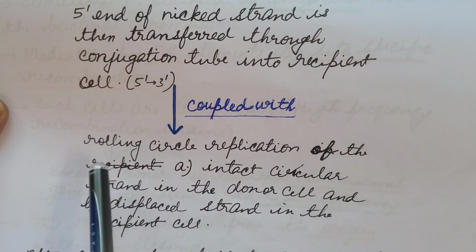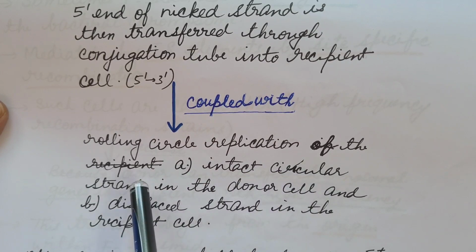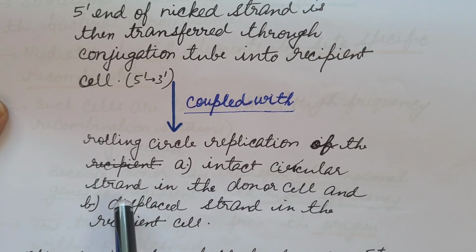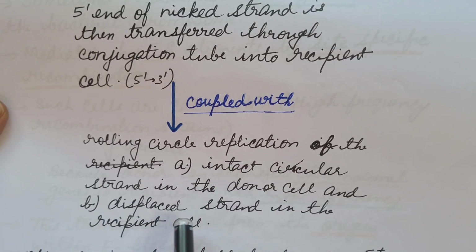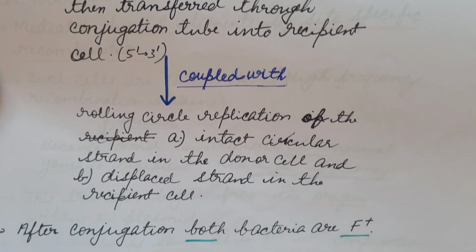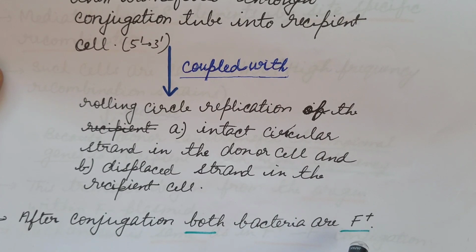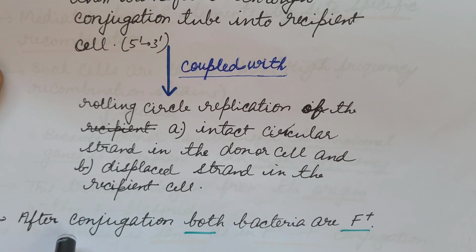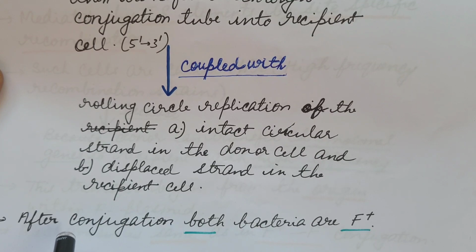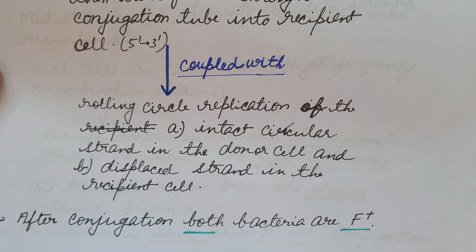This is coupled with rolling circle replication of the intact circular strand in the donor cell and of the displaced strand in the recipient cell, as F plasmid is double-stranded. So after conjugation, both bacteria are F plus cells, as F plasmid is now present in both bacterial cells, and these are present in autonomous state.